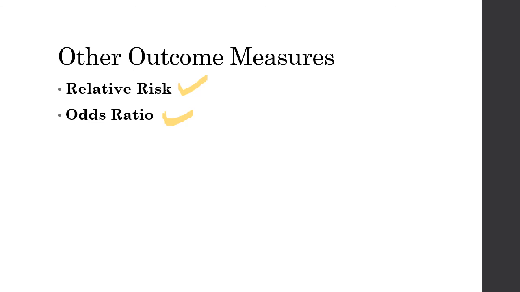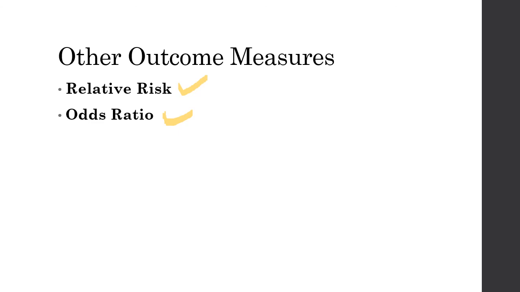But for this level of this semester, all you need to know is that incidence is the primary or the first level of outcome measure that you can report from your cohort study, and to know what it means, how it is different from prevalent cases, and how it is calculated.